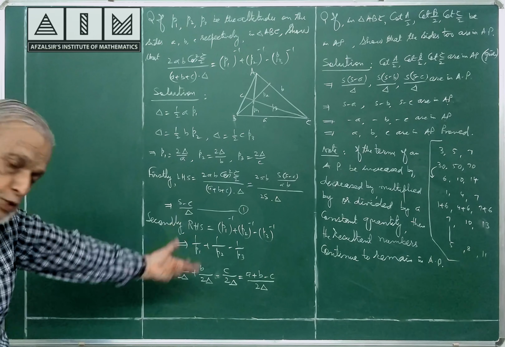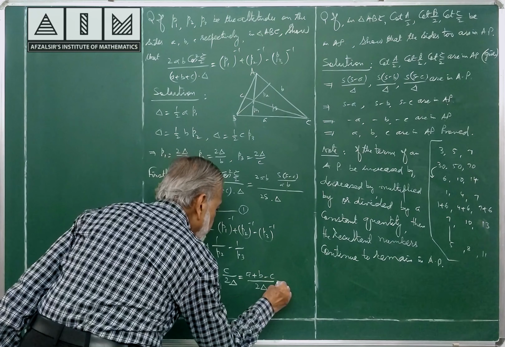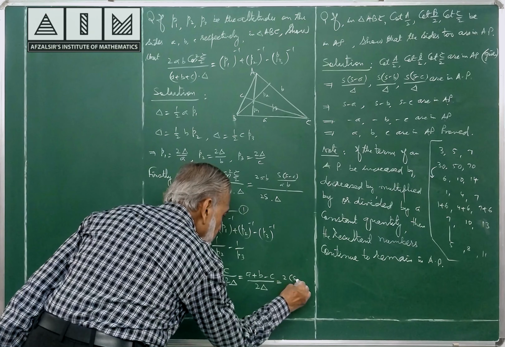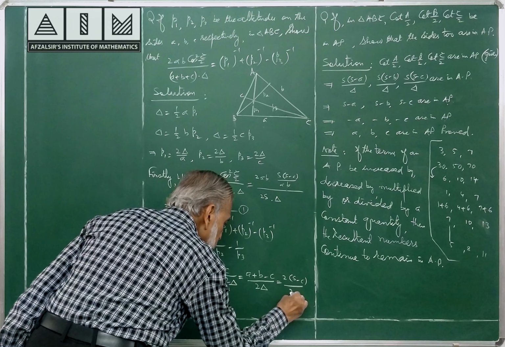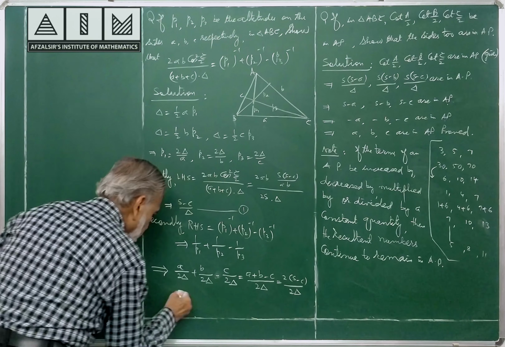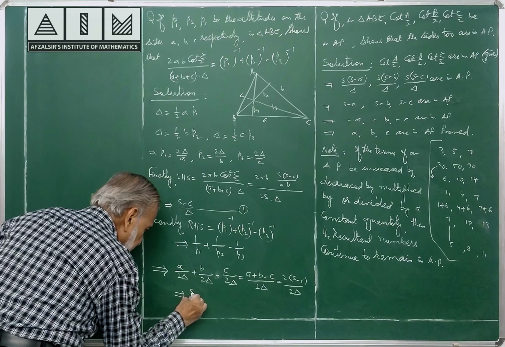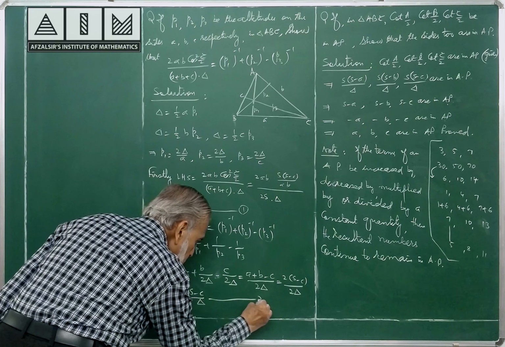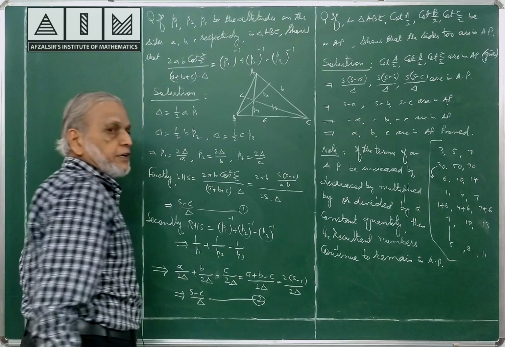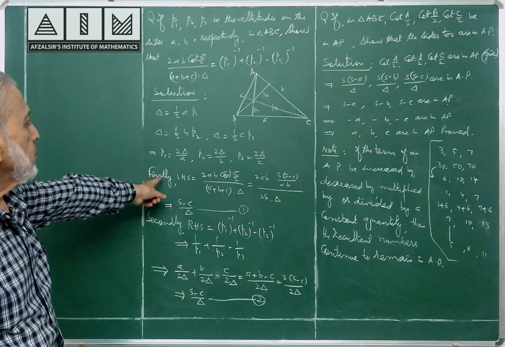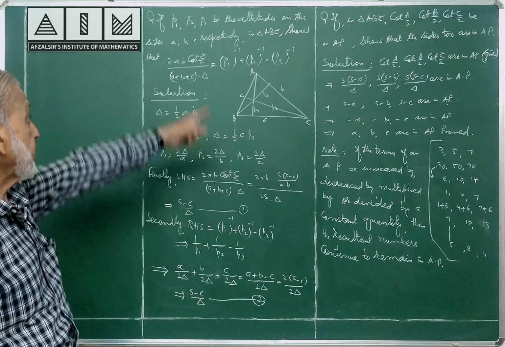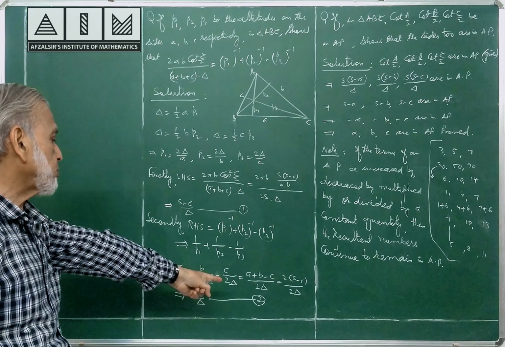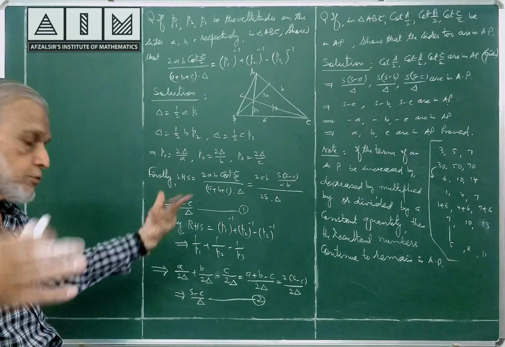A plus B minus C, you already know it is 2 times S minus C, by 2 delta. So this is S minus C by delta. Left hand side has been simplified, S minus C by delta. Right hand side has been simplified, S minus C by delta. 1 and 2 agree, the result follows.